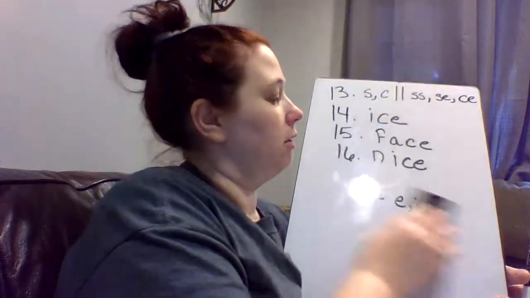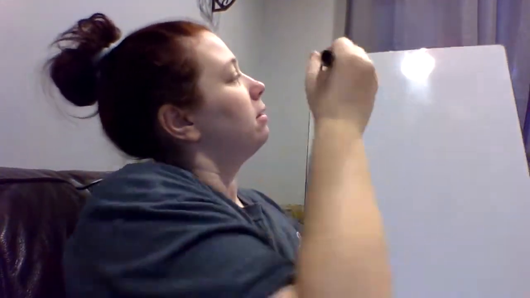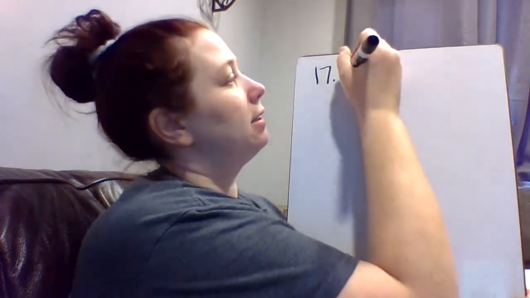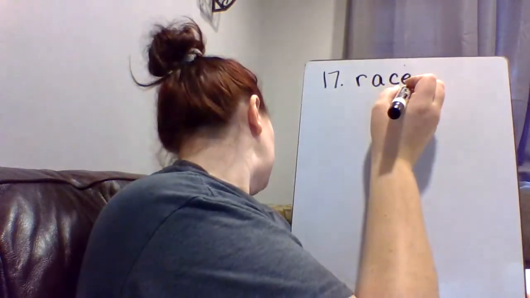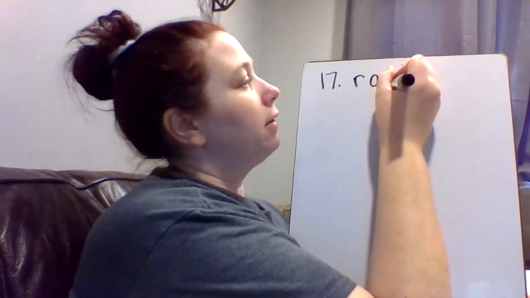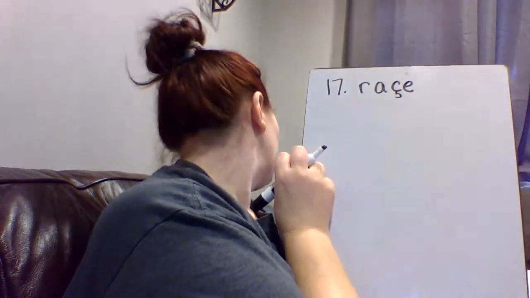Alrighty, let's go ahead and code our words. We have number 17. Oh, I didn't wipe it all off. Oopsies. Number 17. We have race. Here we have our CE. We put our little soft C cedilla mark there.